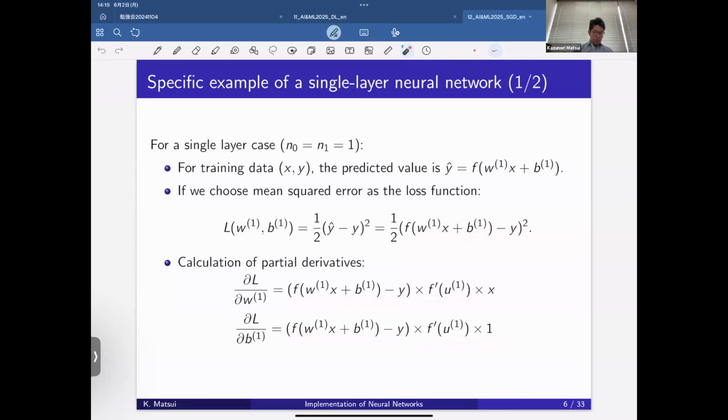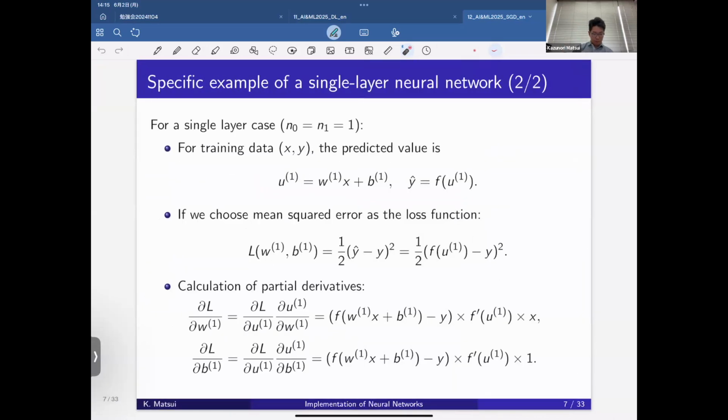We can calculate it this way, but for later purposes, we can see that this partial derivative is the partial derivative of L with respect to u1 multiplied by the partial derivative of u1 with respect to w1.